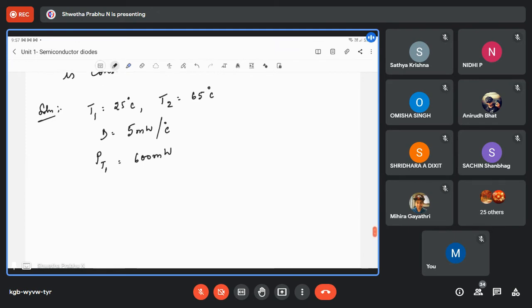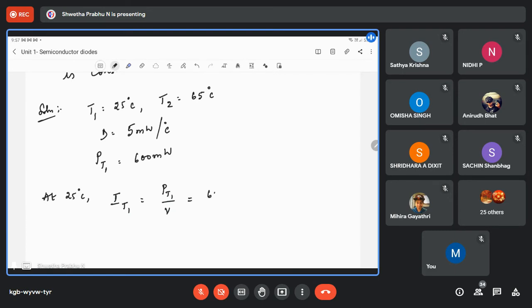Okay, first let us find at 25 degrees Celsius, that is at T1. I'll take this as IT1. So the relation between power and current is that I equals PT1 divided by V, where V is constant here, that is 0.6 volts.